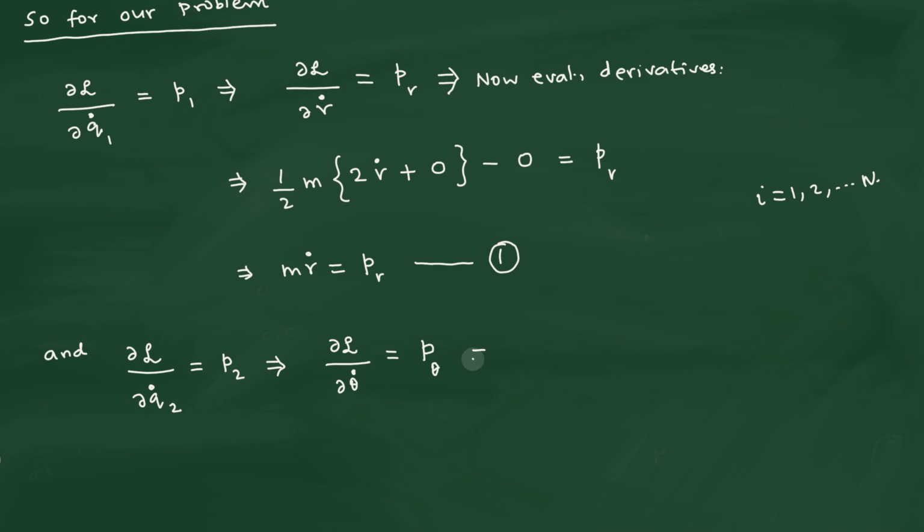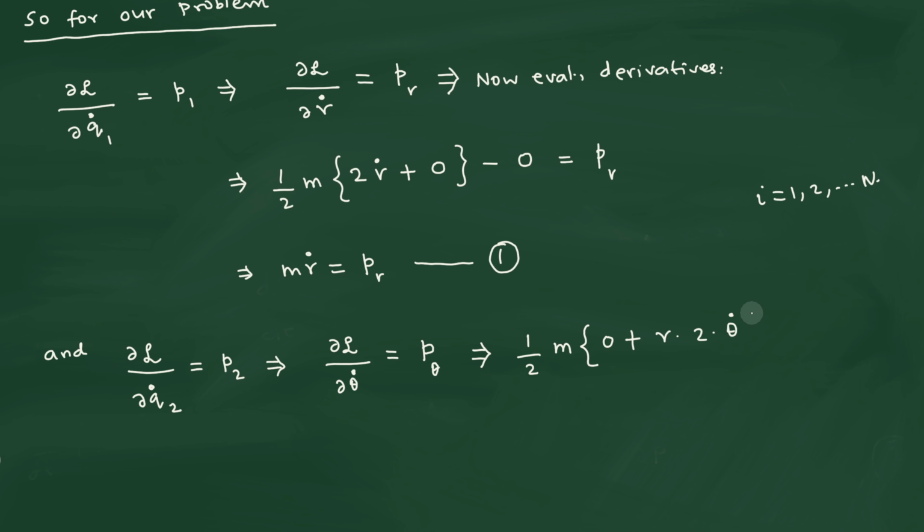Now you take the given expression for the Lagrangian and differentiate with respect to θ̇. So what are you going to get? Half into m into, our first term is ṙ², therefore its derivative is 0. Then plus you have r² θ̇². So r² into θ̇² means I will be getting r², then θ̇² means 2 times θ̇.